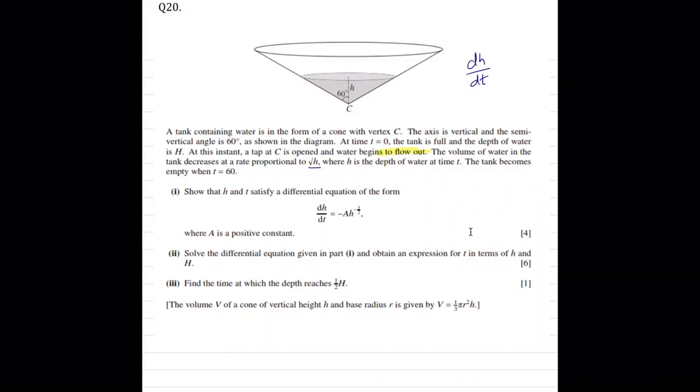So dV over dt is proportional to root h, so dV over dt is going to be equal to negative k root h. Why negative? Because the volume is becoming less with respect to time.